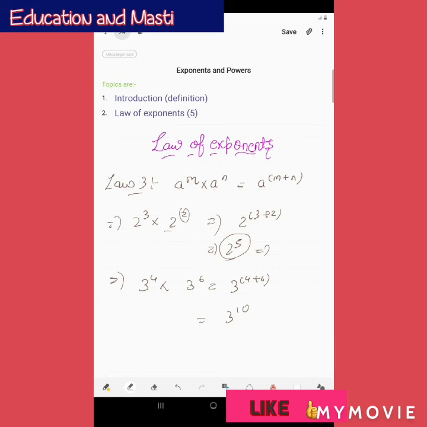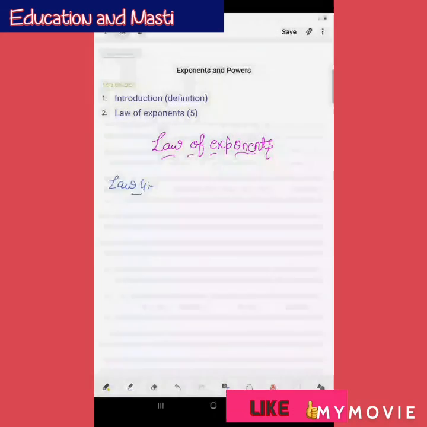Now let's begin with law 4. So what is our law 4? Let's understand it. Law 4 is a to the m by a to the n. If there is a division, a to the n is in the denominator. So if we are dividing, then guess what? We will be doing a to the m minus n.